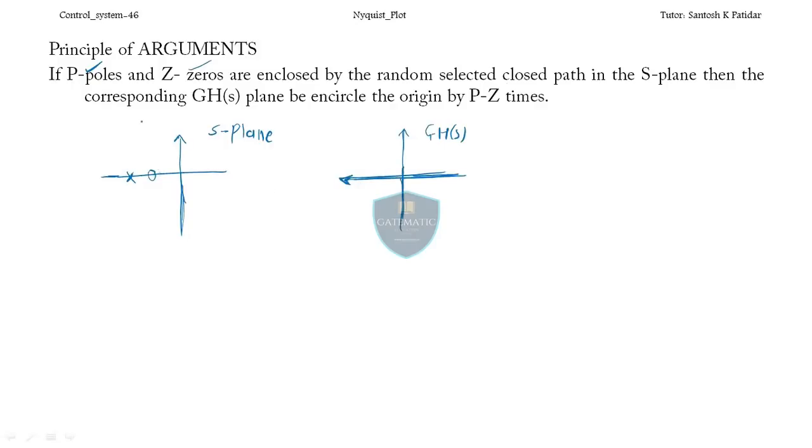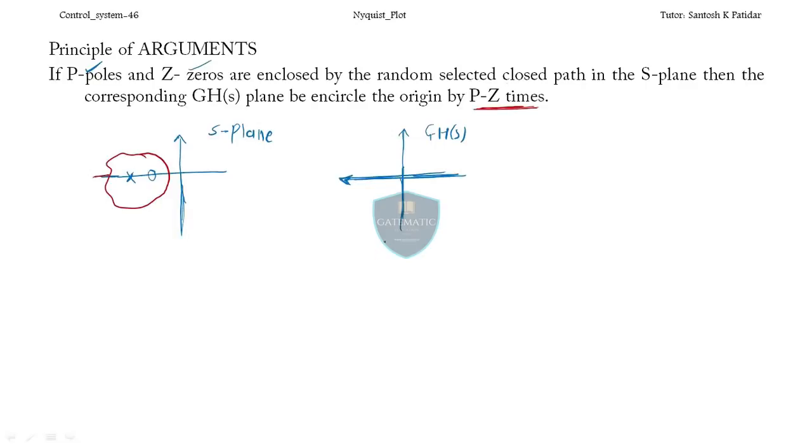Okay, so what the principle of argument says: if P are the poles and Z are the zeros enclosed by the randomly selected closed path, which I'm choosing in the S plane only, then the corresponding GH(S) plane will encircle the origin P minus Z times.